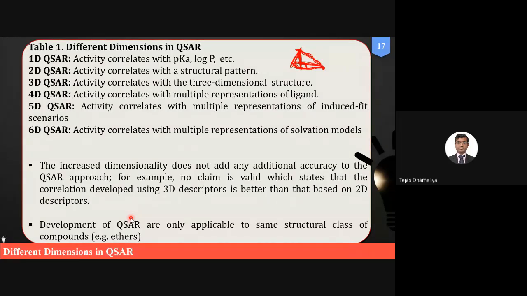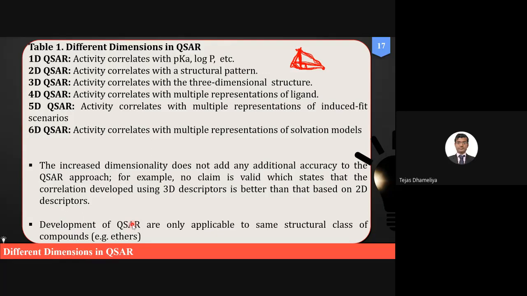We are developing such a QSAR, तो उसमें सारे जो structures हैं वो quinoline के ही होने चाहिए. Or instead, if we add, let us say, some 3-membered, 4-membered or 5-membered cyclic ring, it will not be useful to predict the activity of those compounds using the QSAR model developed from 6-membered compounds. Right? This is more important.